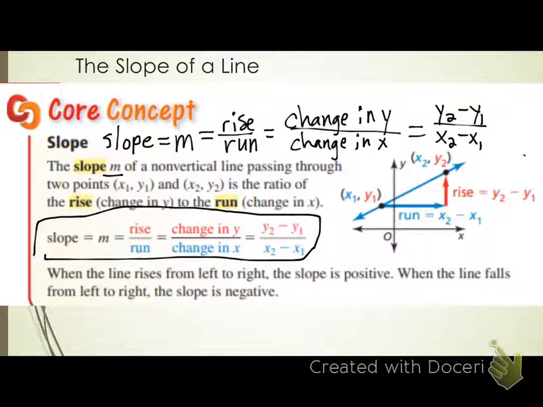The height of my triangle is my rise. It's my change in my y variables, so y2 minus y1. The width of my triangle is my run, my change in my x variables, x2 minus x1. So we can use that to find our slope if we're given just a graph of a line.